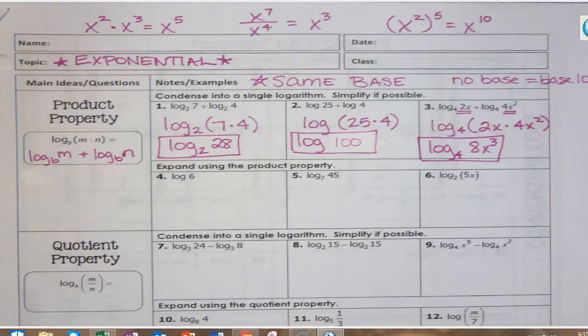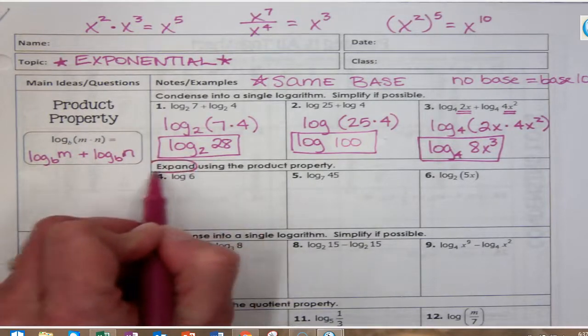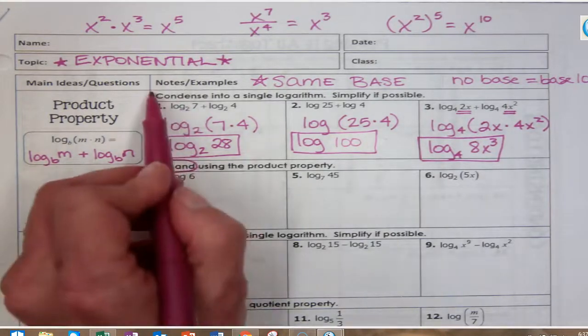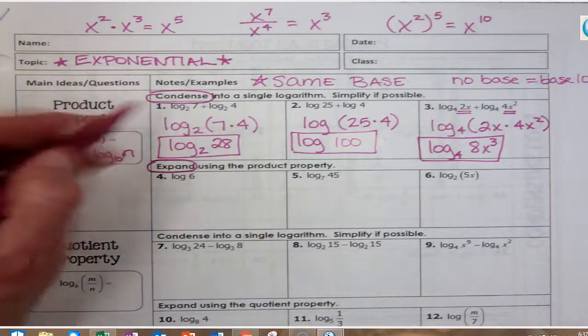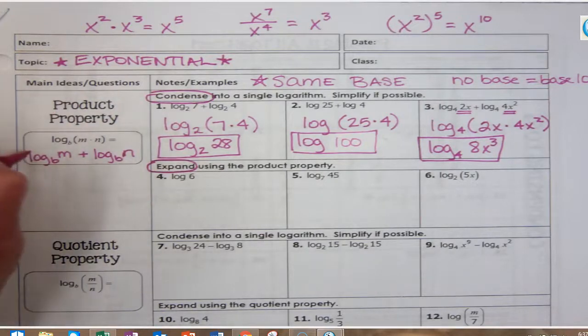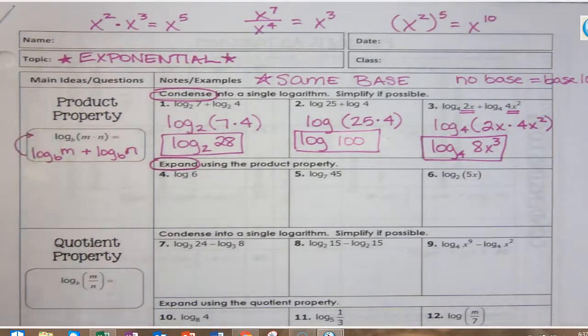Now, if you were going to do the reverse, we're going to expand this. Here we were condensing, getting it smaller. Now we're actually expanding. Condensing was going from this to that one.